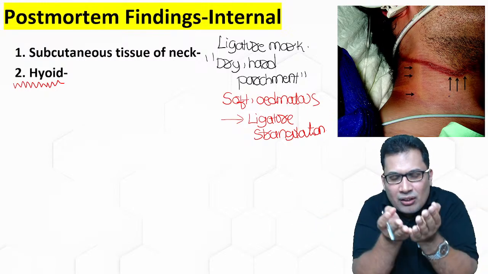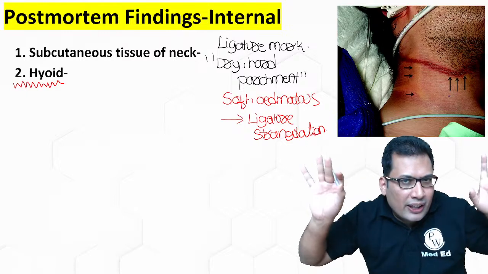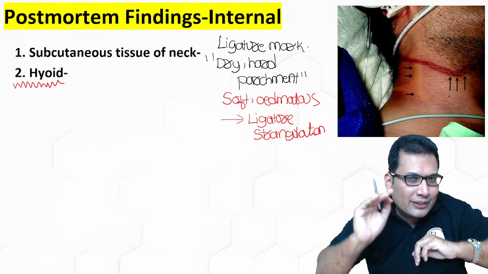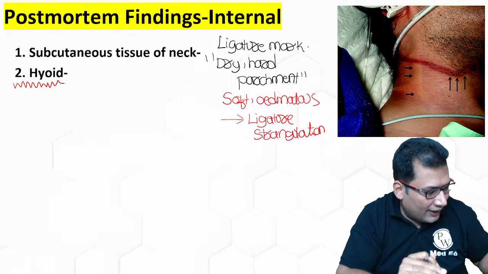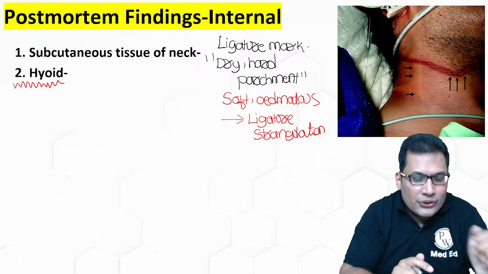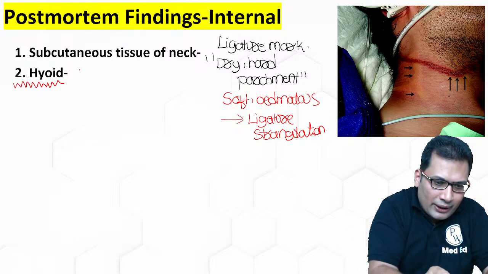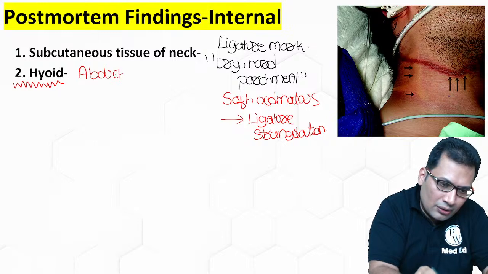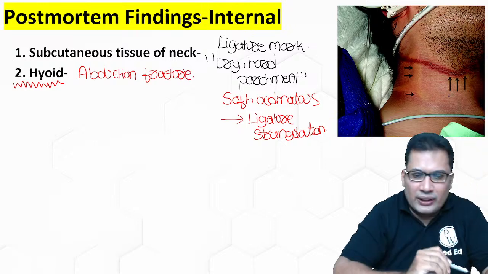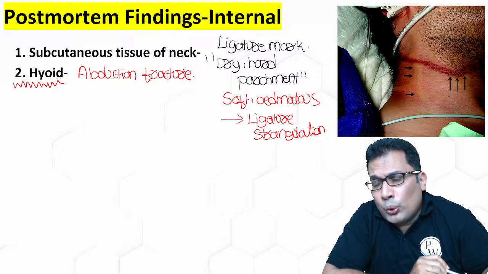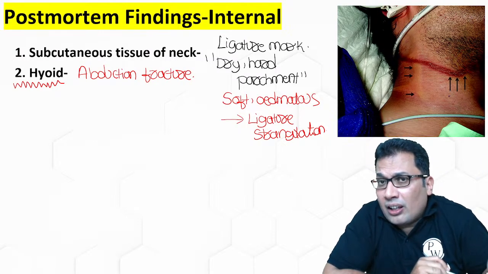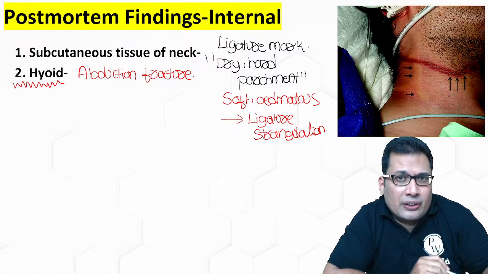Is it an adduction fracture, an abduction fracture, a traction fracture? Anybody, guys? In the hyoid bone, there will be an abduction fracture, at the junction of the inner 2/3 and outer 1/3 of the greater cornu.